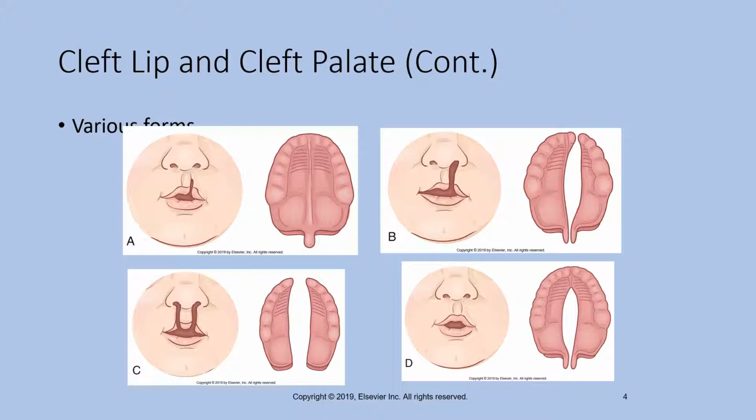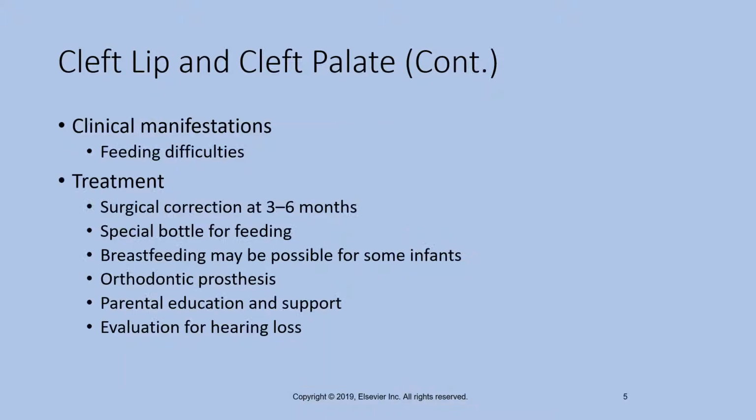This is just a cleft lip in A. This is cleft lip with the separation of the upper palate. This is bilateral, and this is where there is no cleft lip, but the palate is divided. Obviously, if these were left in place, a lot of food would be abnormally placed, and people could get many complications.